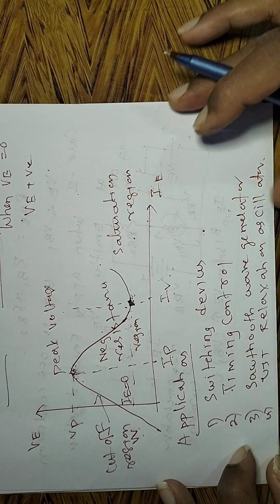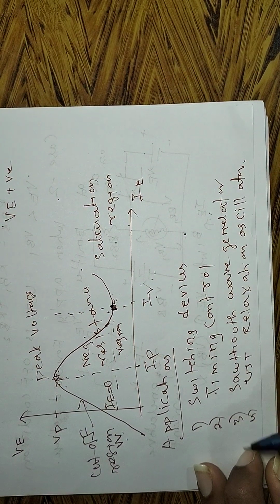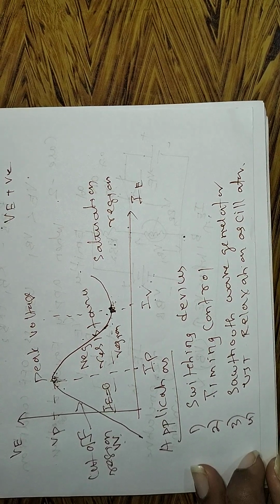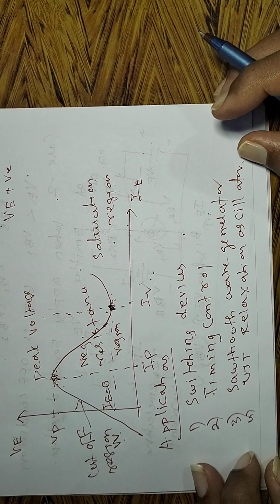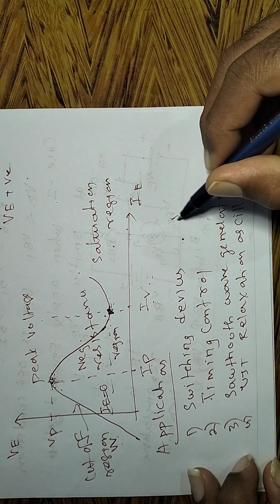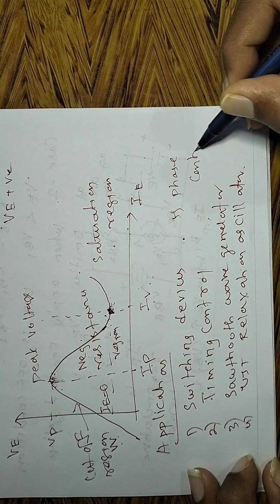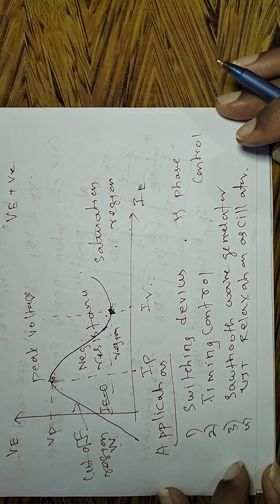So first is switching devices, timing control, sawtooth wave generator, and finally the UJT relaxation oscillator. Even phase control, it also has the capability to control the phase.